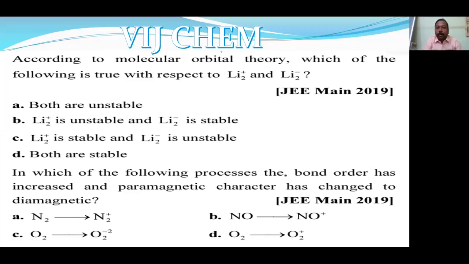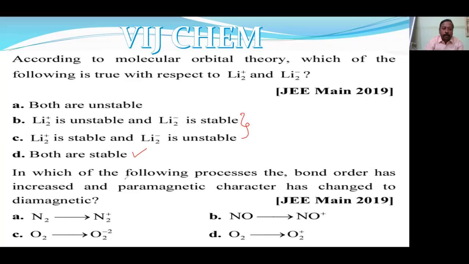Whenever fractional bond orders are there, there may be resonance, so both are stable. What is the correct answer? Both are stable. Now you can try the next very beautiful question. If the question is less stable, more stable, then you can compare the stability like this.